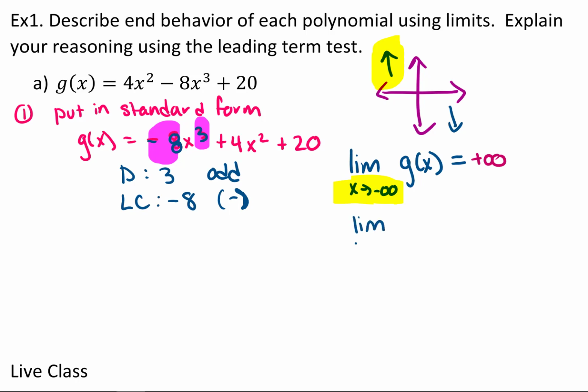Then I have to say what's happening on the right-hand side. So the limit as x approaches infinity, positive infinity, of g of x. So I look at what's happening on the right-hand side. On the right-hand side, the y values are getting smaller. So I'm going to write is equal to -infinity.